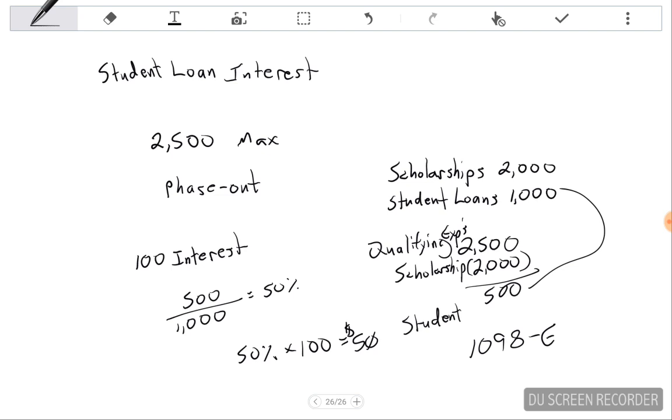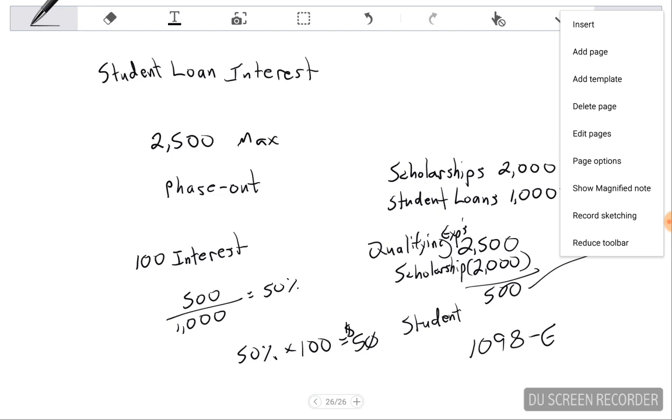Okay, moving right along. I'm going to go to another page here, and we're going to go to the health savings account, the HSA. So the basic thing about an HSA is it's a way to save money.